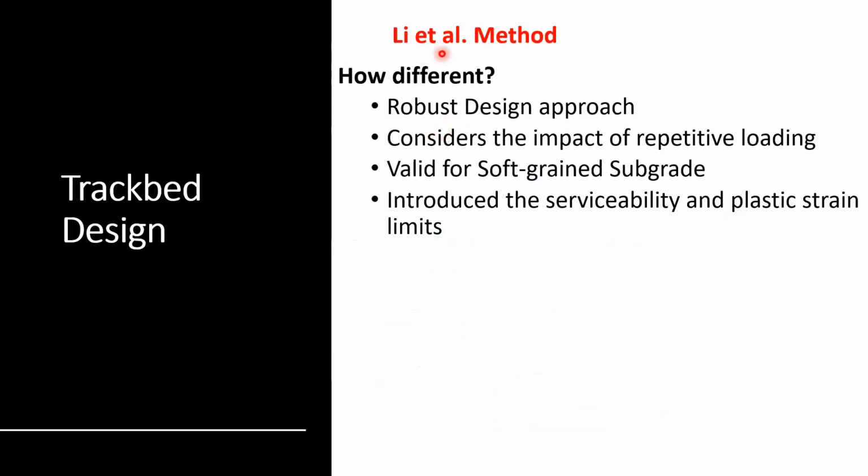And then one of the methods that I think is one of the most robust design approaches out there, and it touches upon a few key concepts that we geotechnical engineers are always interested in when dealing with embankment design. It considers the impact of repetitive loading, and it's valid for soft grain subgrade.